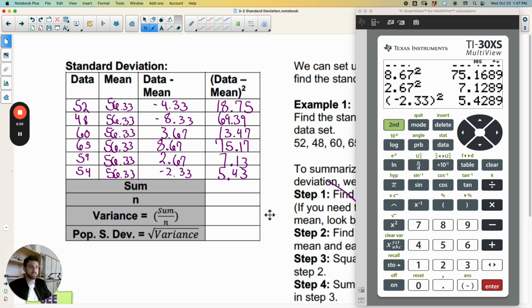Okay, so now let's move on to this next part down here. We want to find the sum of all of these here.